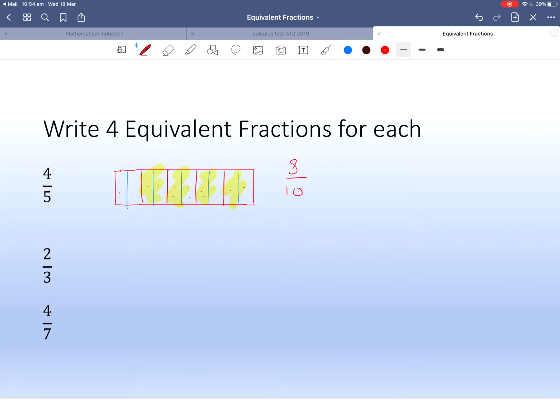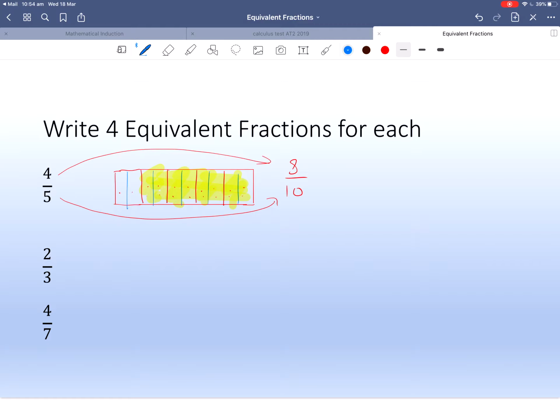See how we're talking about exactly the same space? We haven't changed anything. All we did is we cut it down a bit further. All we did was we split it up. So what that means is that 4 over 5 is equivalent to 8 out of 10. All right, and there's a way we can easily do this.